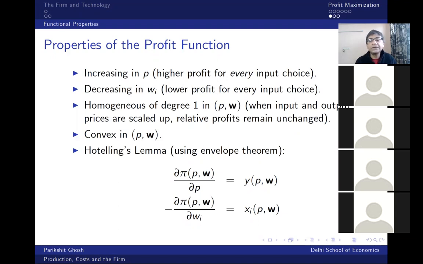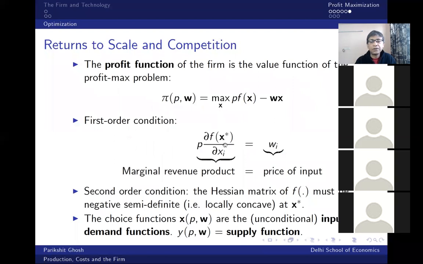Why is that? Well, you can go back to your first order condition. Okay. So this is true for input I. This is also true for input J. Okay. So if I divide, I get the ratio of marginal products of input I and input J should equal their price ratios.